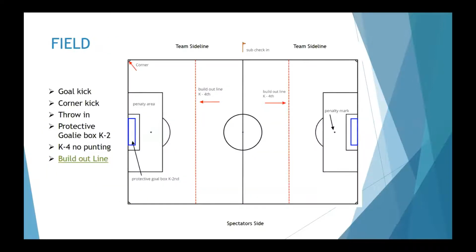Here you will see a field diagram of what you will be playing on. Older players, 5th through 9th, you will not see all of these lines out on your field as they do not apply to your age level, but we'll go over all of those. As you can see, we have the team sidelines on one side of the field with the orange flag there where the subs will check in.